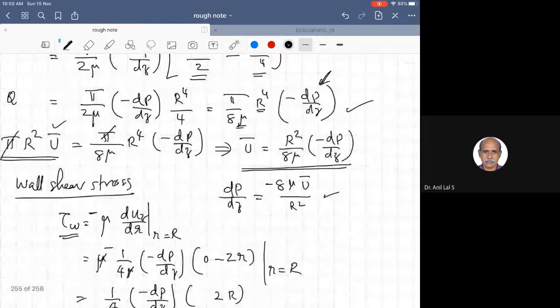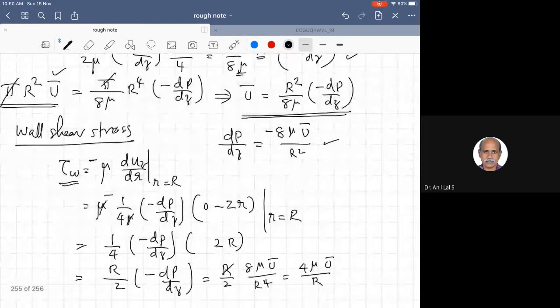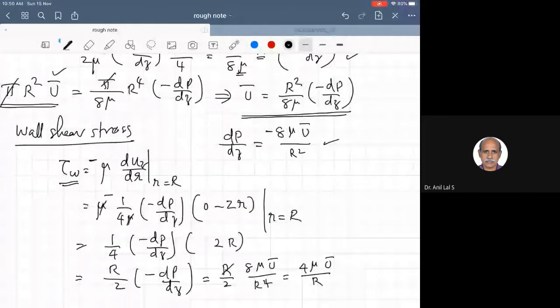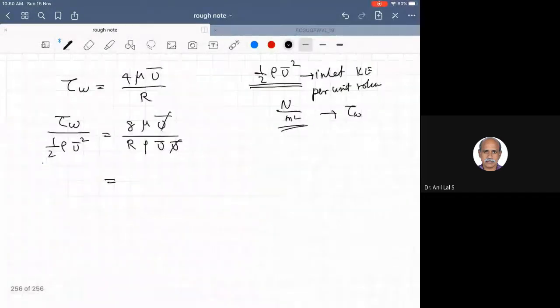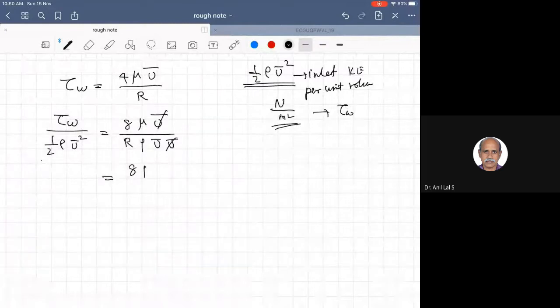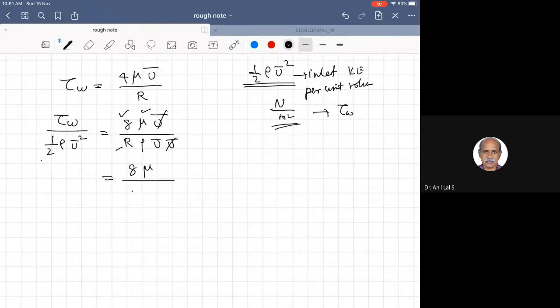Yes, that's correct, there's 8 mu. The R, I will write as the diameter of the pipe. I will put the diameter as capital D. So D by 2 into rho. This mu by rho, I replace as nu, so that it is somewhat simple.